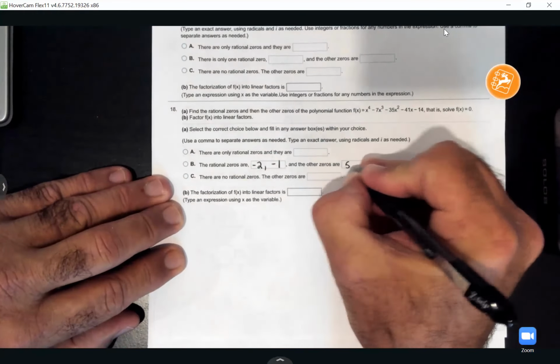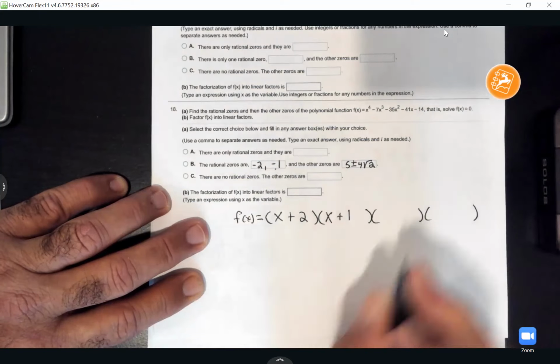Now, when you factor this one out, you're going to have f of x equals, I got 4 numbers, so I'm going to have 4 sets of parentheses. -2 makes this x plus 2. -1 makes this x plus 1.